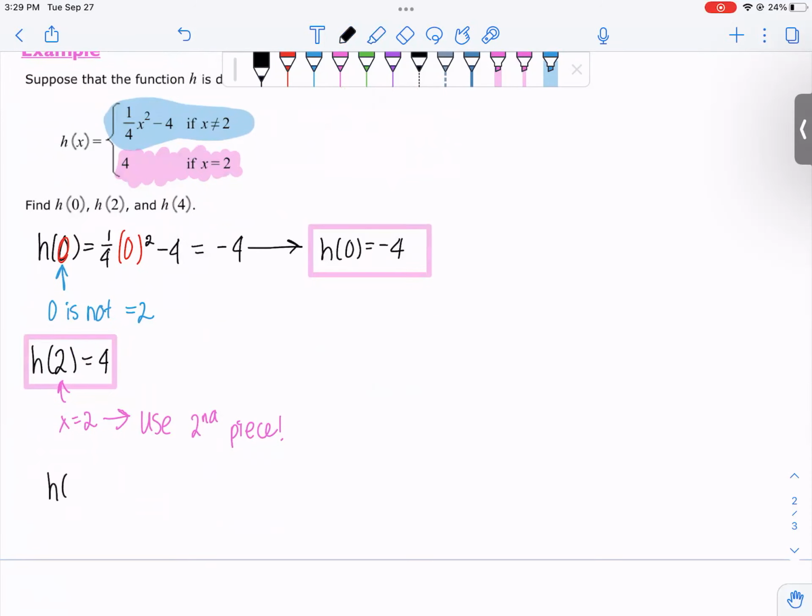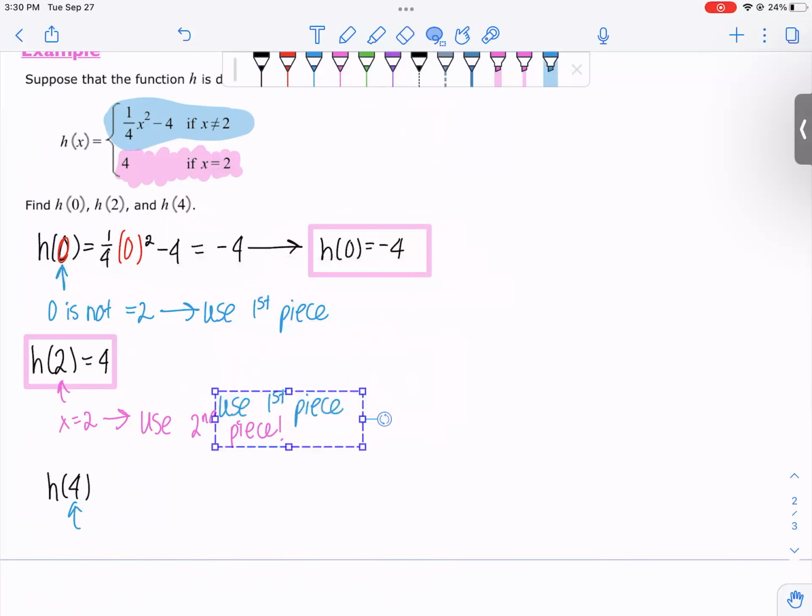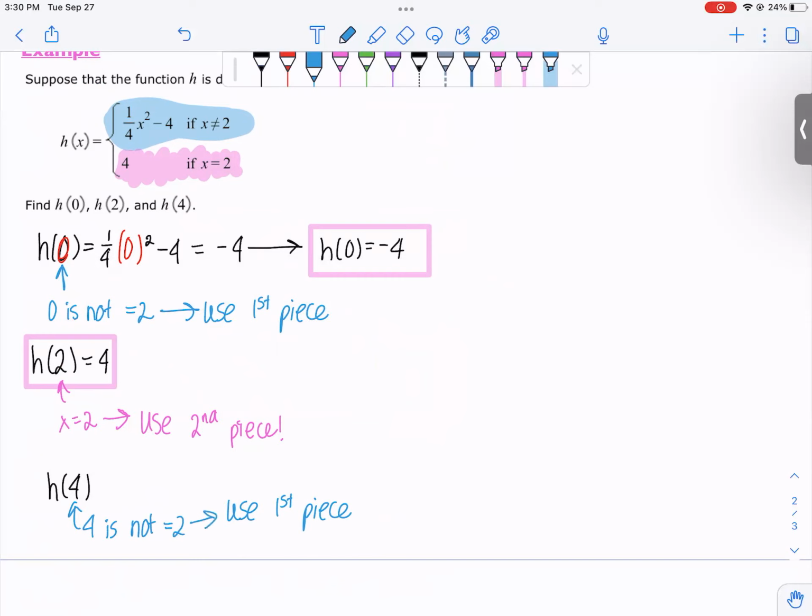Finally, h of 4, this is going to be just like the first one. 4 is not 2. So we're using the first piece. 4 is not equal to 2, so use the first piece.